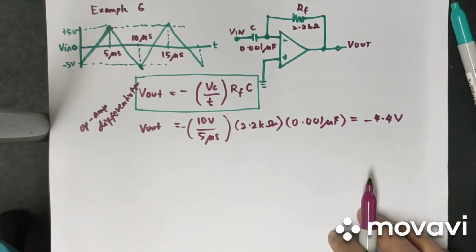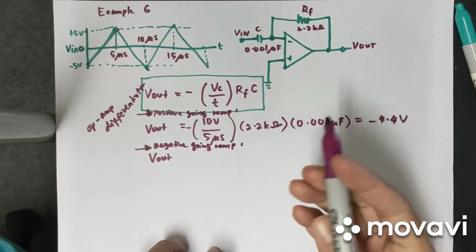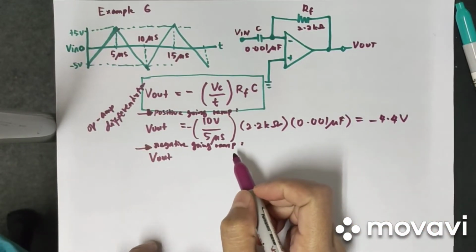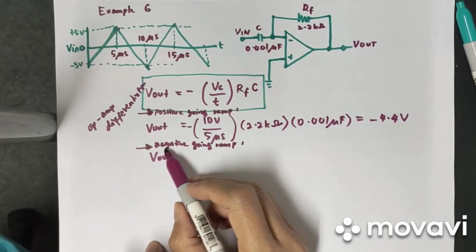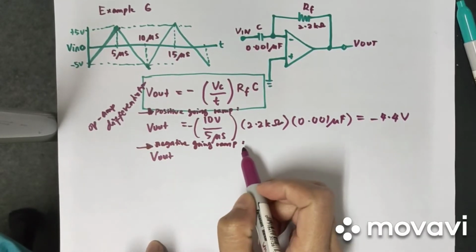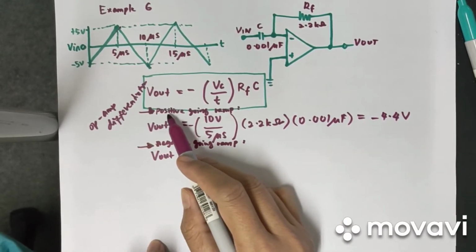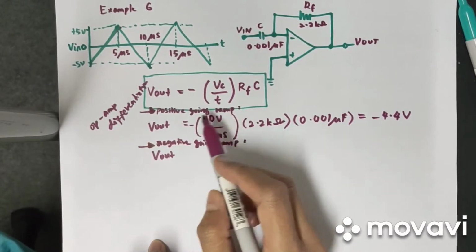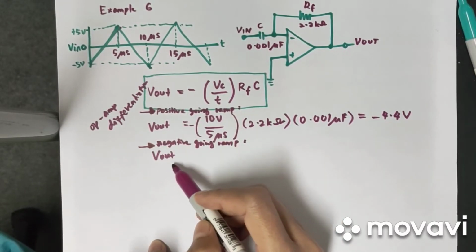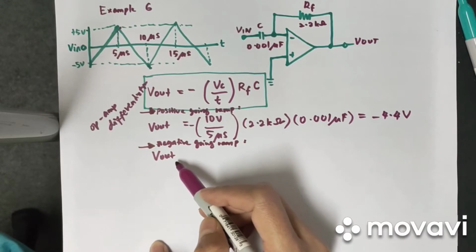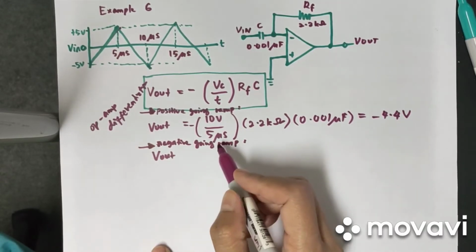So what is the V out for the negative going ramp? Okay, now is the negative going ramp. We just note a little bit here: this is V out for positive going ramp. Now we're going to find out V out for a negative going ramp.